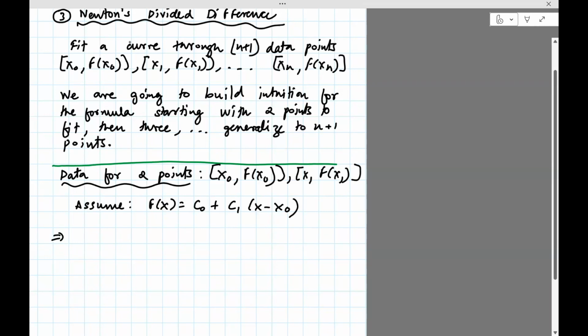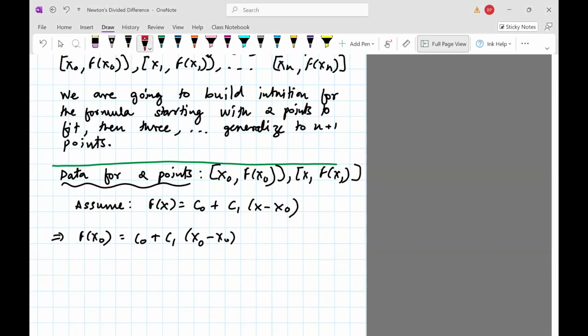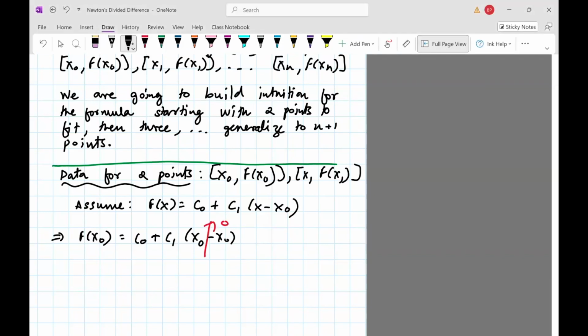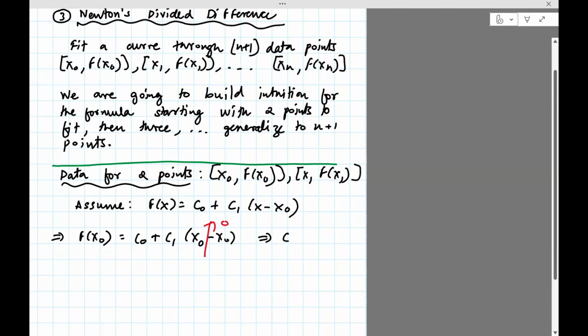Now this passes through 2 points, x0 and x1. So we can sub in the value for f of x0. So c0 plus c1 times x0 minus x0, which is 0. And immediately we have c0 is f of x0.